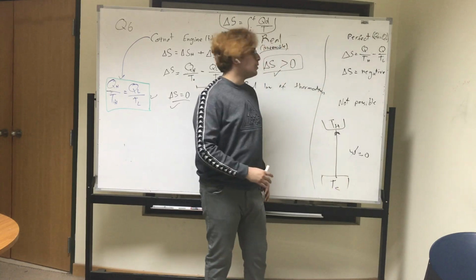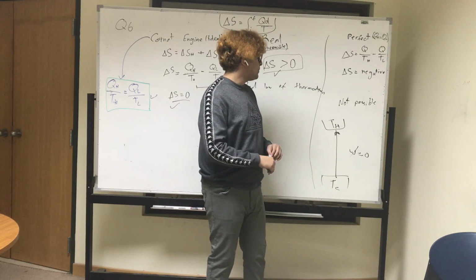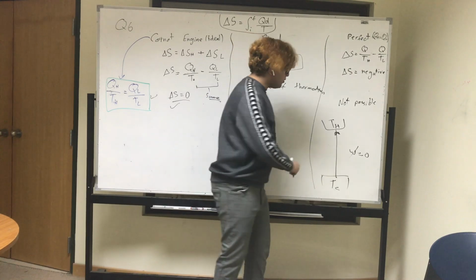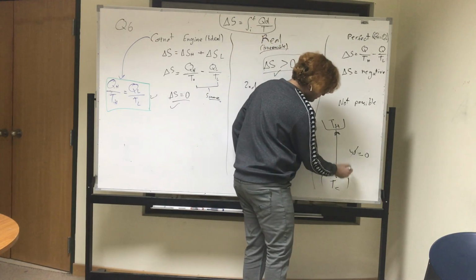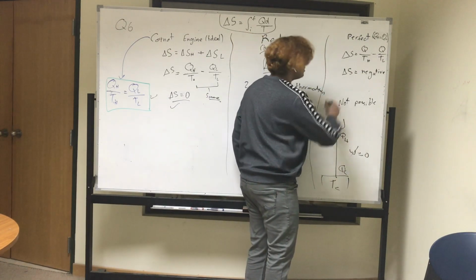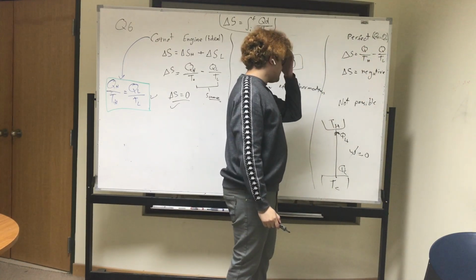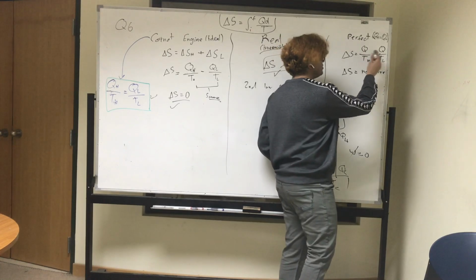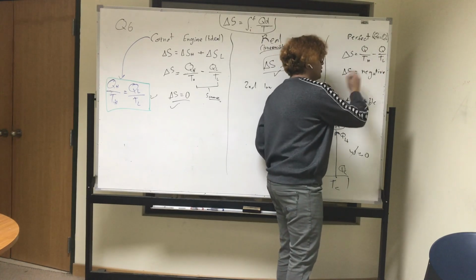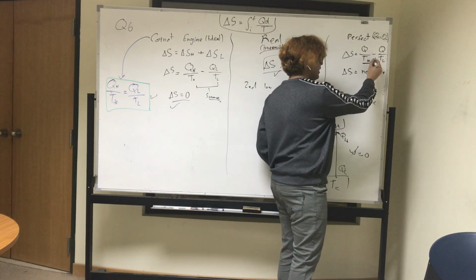This is the definition of a perfect engine or a perfect refrigerator. This yields that QL is equal to QH. So QH is equal to QL in a perfect engine. If this is the case, then these Q's are going to be the same. And we know that the hot temperature is bigger than the low temperature.